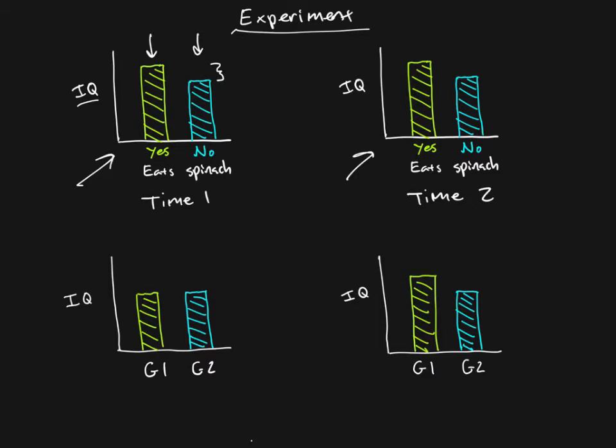People who ate more spinach were smarter to begin with. We measured them. We found out they ate more spinach and they were smarter. There was no change. People who didn't eat spinach were less intelligent to begin with. They came into our study. We found that they didn't eat spinach and they were less intelligent. And the fact that we didn't change anything or manipulate anything is the reason why we're having trouble proving causation.